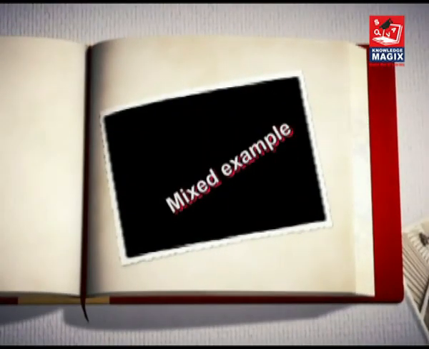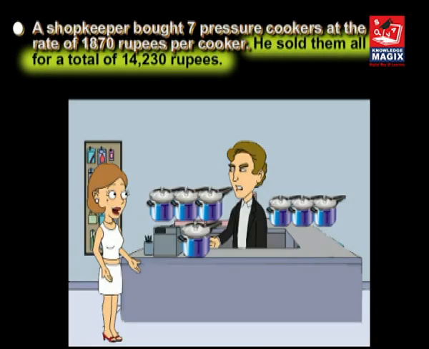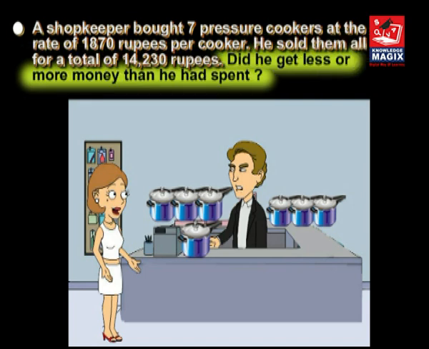Next, mixed example. A shopkeeper bought 7 pressure cookers at the rate of 1,870 rupees per cooker. He sold them all for a total of 14,230 rupees. Did he get less or more money than he had spent?